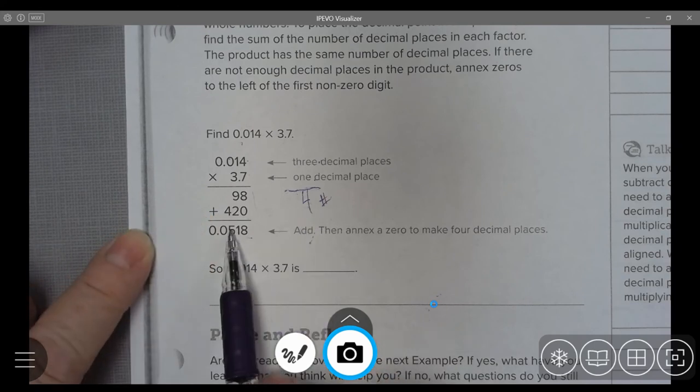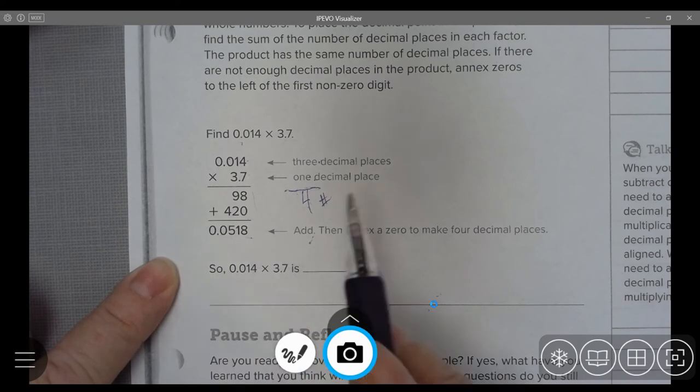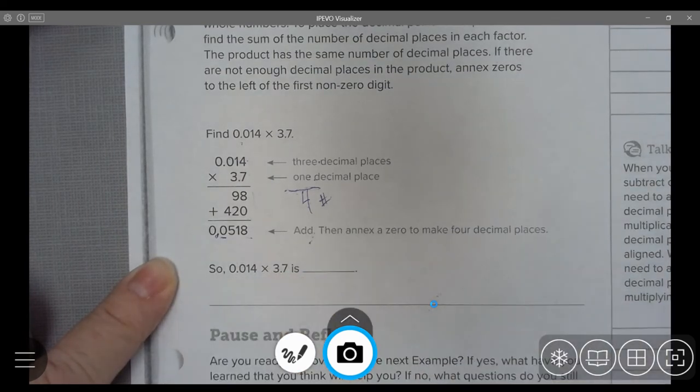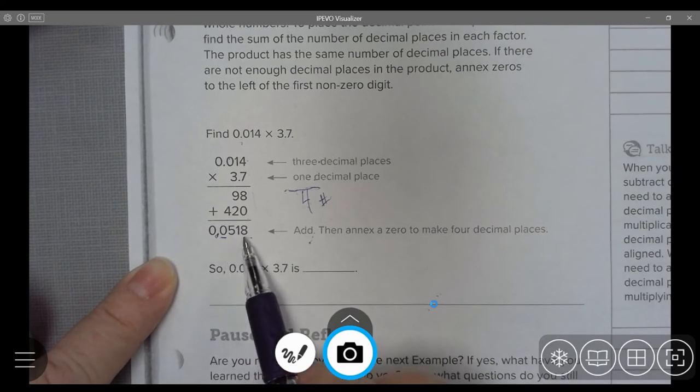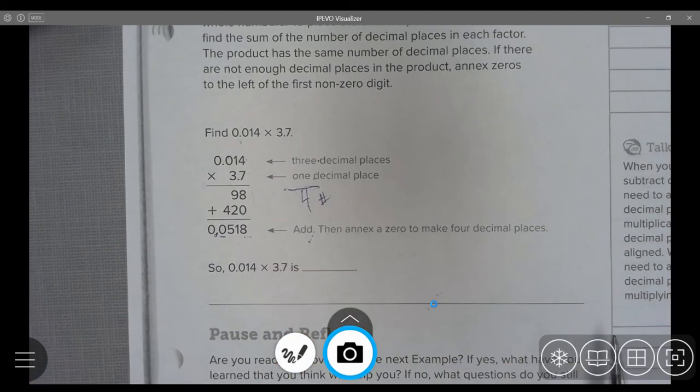So I need to add a 0, and make sure that I have 1, 2, 3, 4 numbers to the right of the decimal point. So I would put a decimal point and add that 0, annex that 0, to make sure that I have enough spaces to the right of the decimal point in order to answer this multiplication problem.